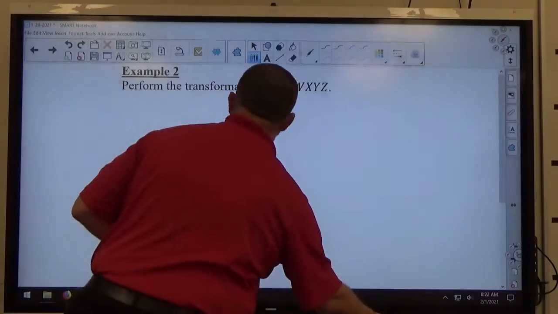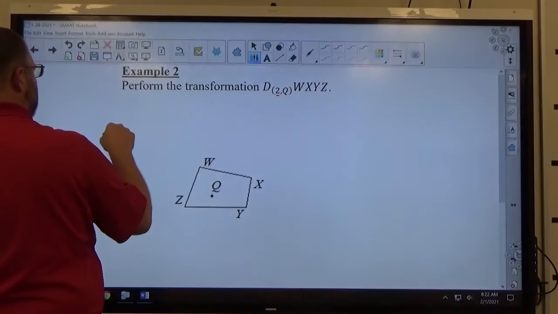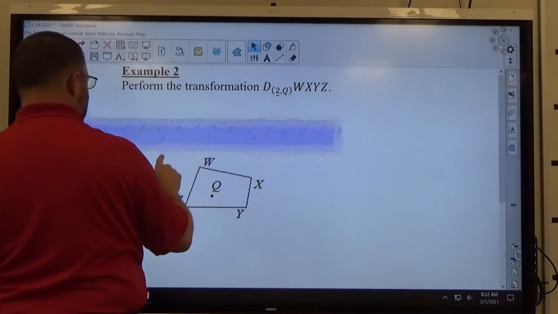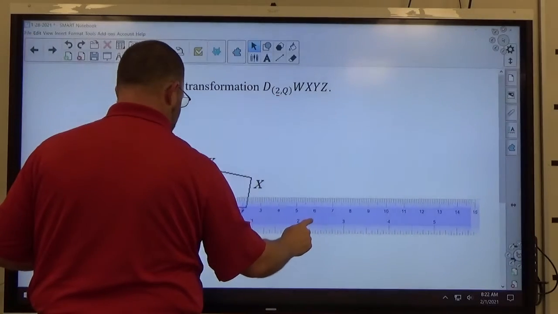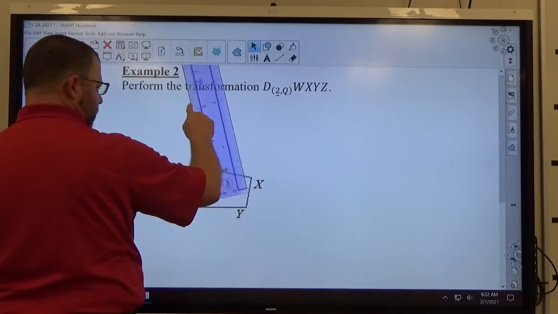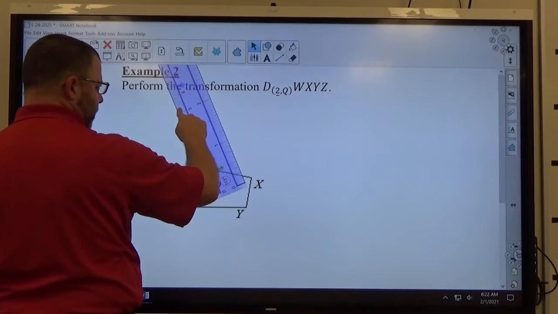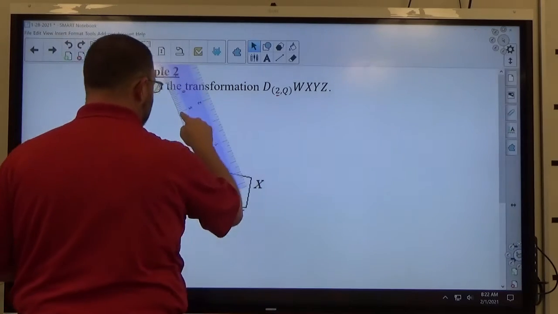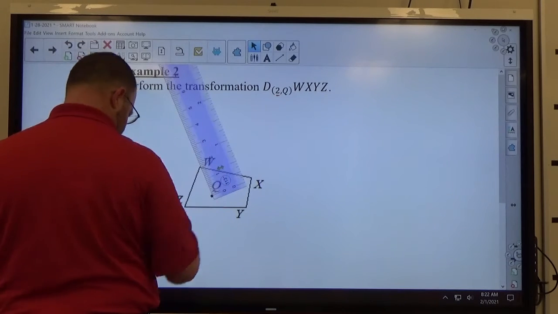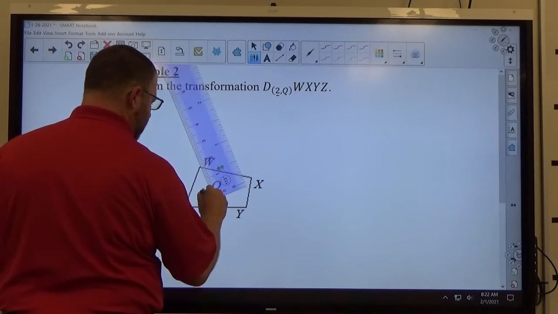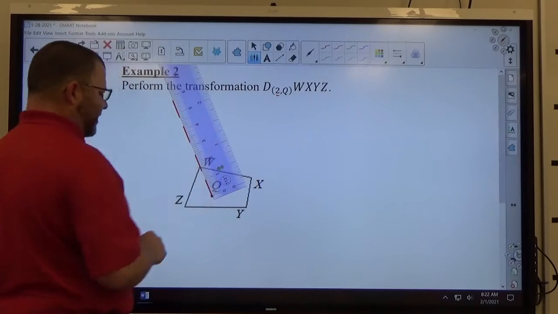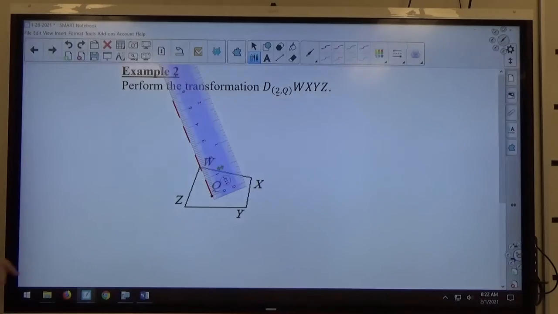So, if I take my ruler and I'm going to put my 0 at Q and I'm going to do a dashed line through W. Go outside the polygon given.